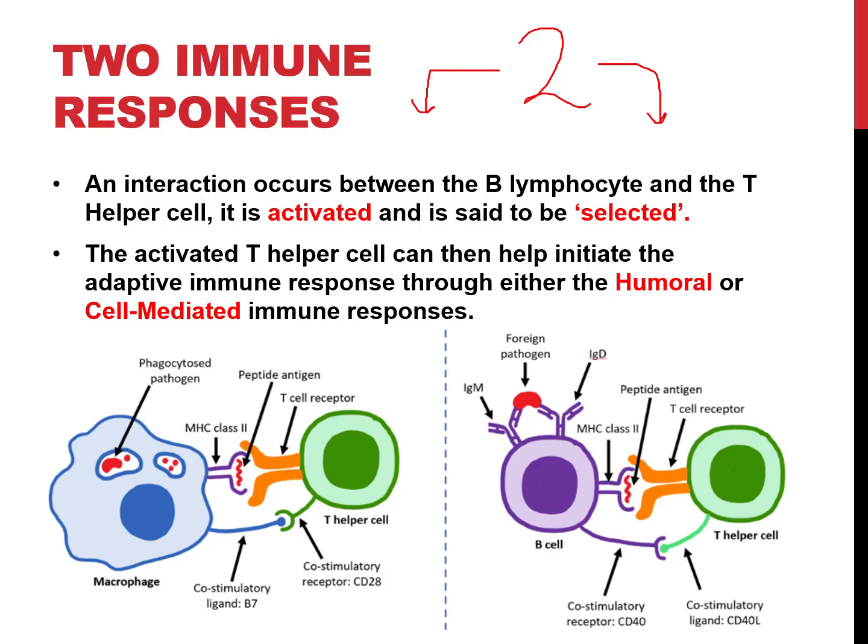They happen at the same time. The same thing is occurring, except it's a slightly different response with different immune cells on either side. But the ultimate goal is to destroy the pathogen of which that antigen was found on and destroy them all. And that's what the body will do.